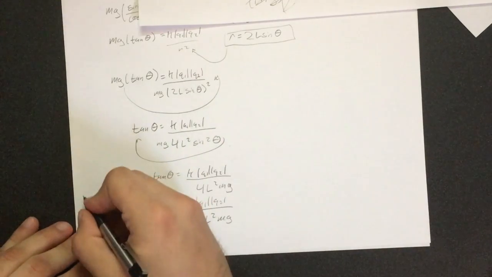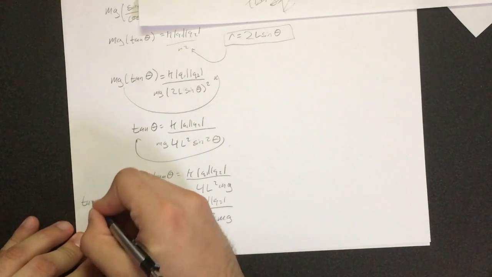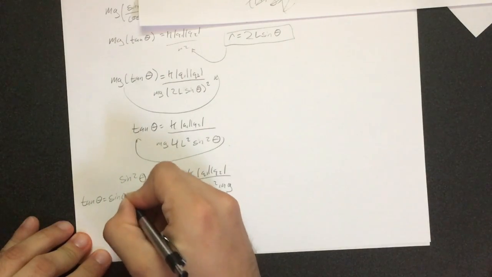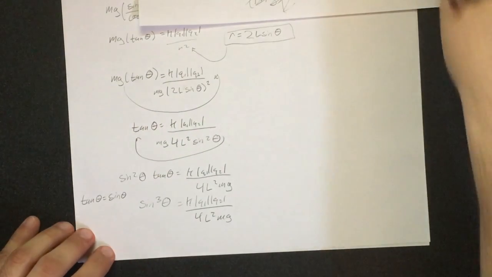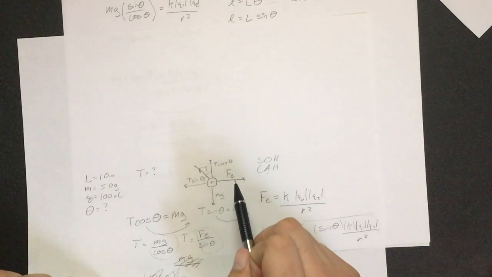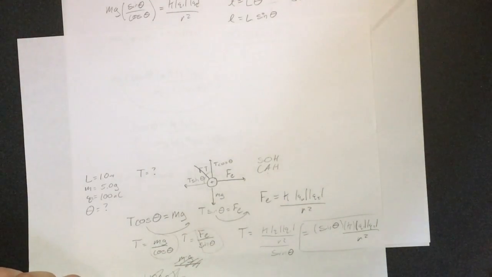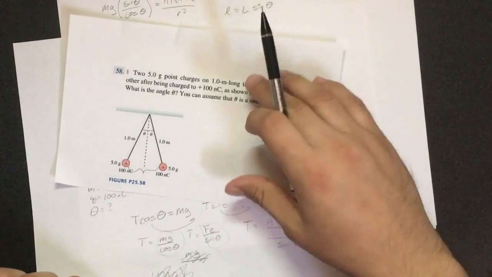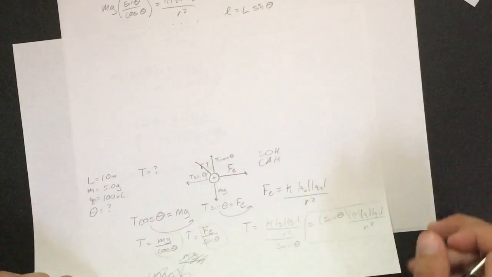The reason we're substituting tangent theta for sine theta is because the value of cosine theta is small enough to ignore in the equation relative to sine theta.